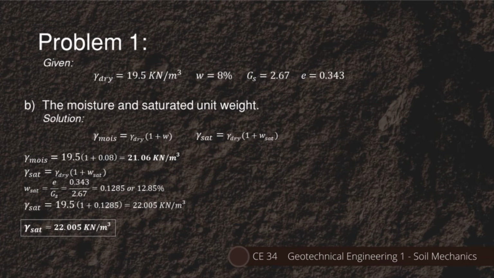And we will just substitute the values for the unit weight of dry sample, 19.5 times 1 plus the value of our moisture content, which is 0.08. That would be equal to 21.06 kilonewton per cubic meter.